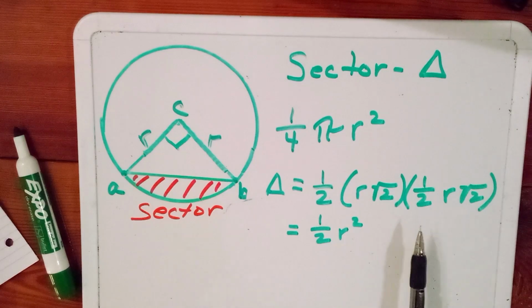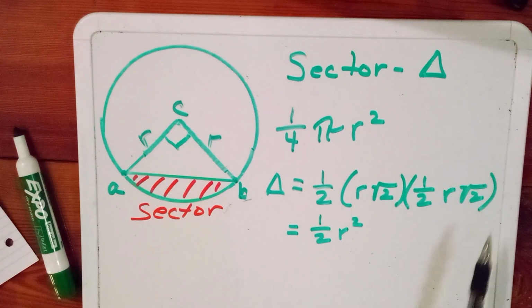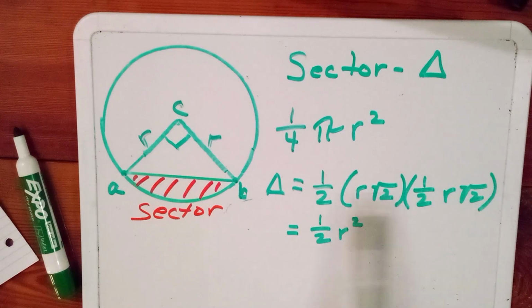And the height is going to be 1/2 times r times the square root of 2. This all simplifies to 1/2 r squared. If you don't understand how this equals this, leave me a comment in the comment section, and I will go over it with you. But it basically simplifies to that.